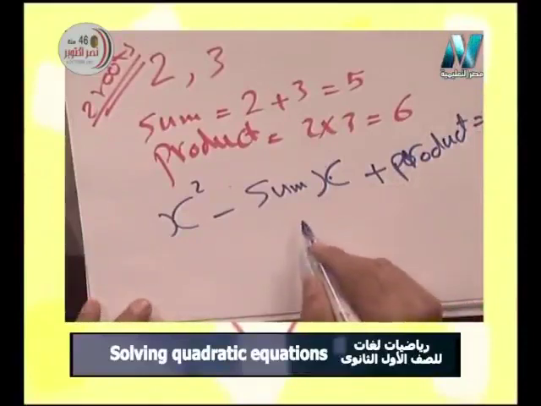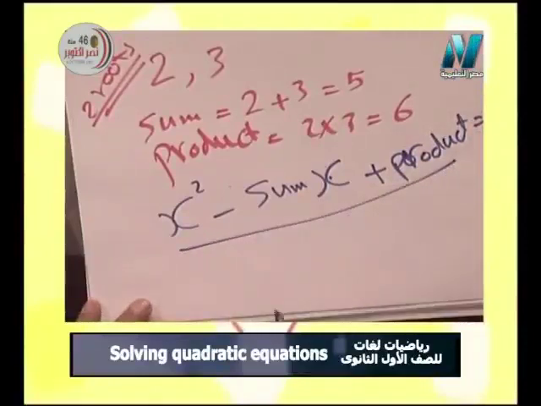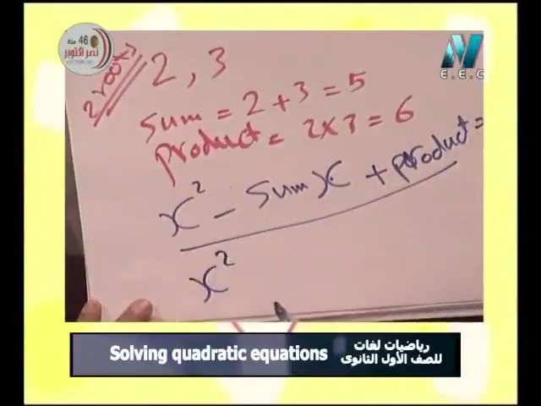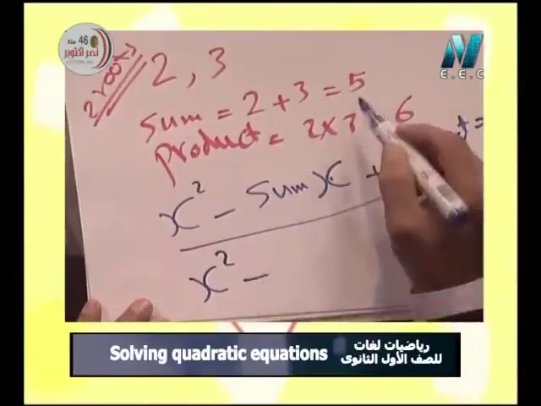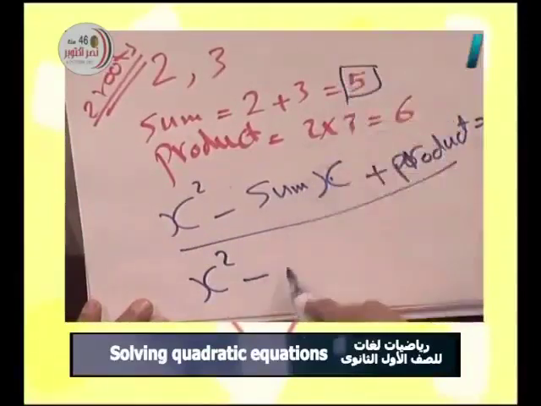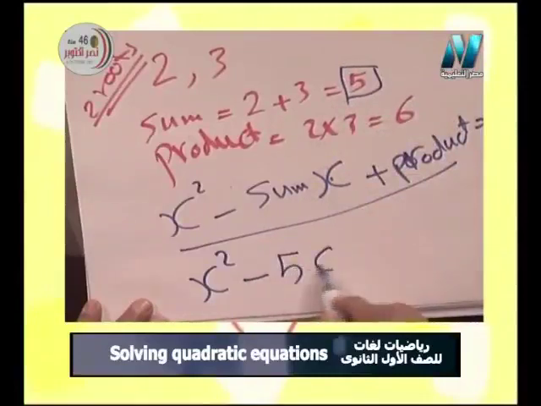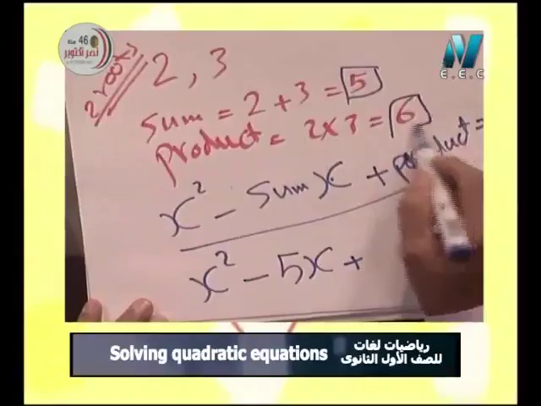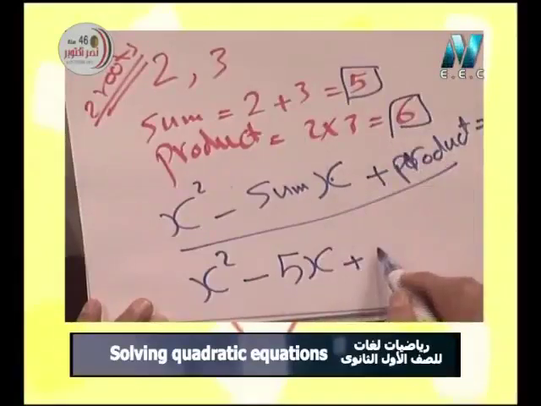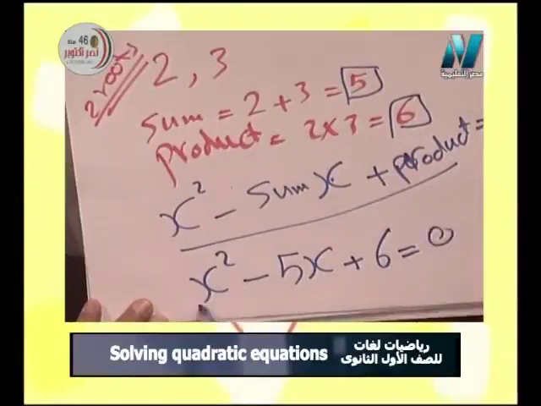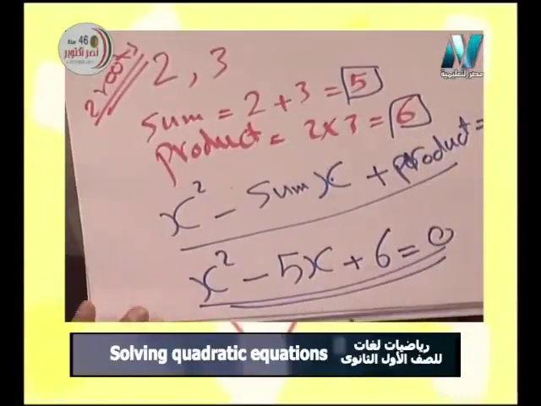If we apply this formula, we get x power 2 minus the sum, which is 5, so 5x, plus the product of the two roots, which is 6, equals 0. I have the same equation.